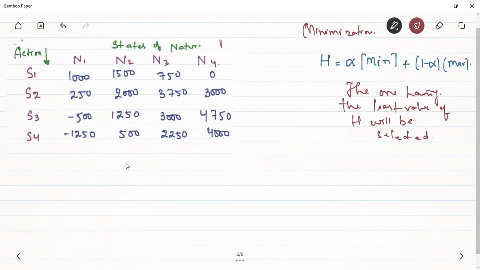So we need to calculate these H values for each course of action. H of S1 will be equal to alpha, which is 0.6, multiplied by the minimum value, that is equal to 0, plus 1 minus alpha, that is 0.4, multiplied by the maximum value, which is equal to 1500.